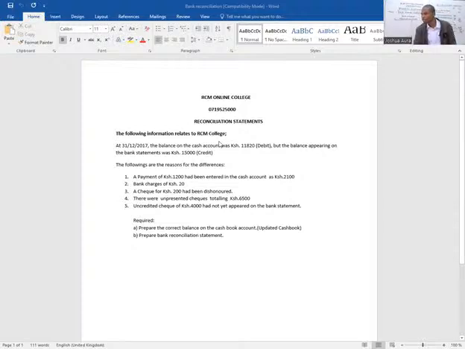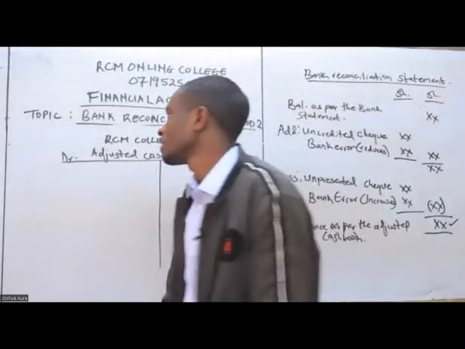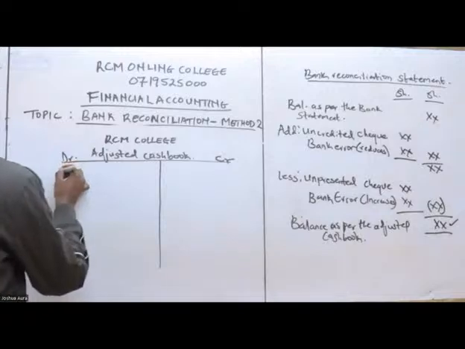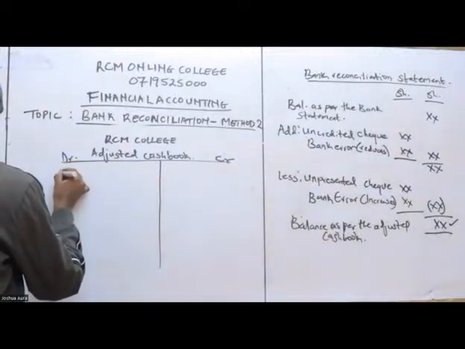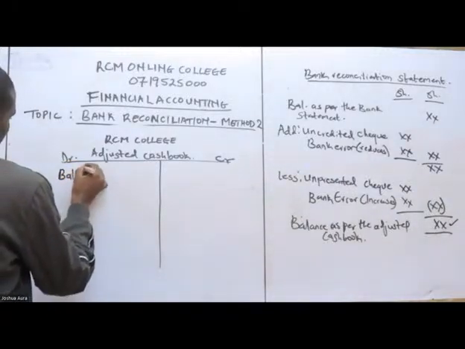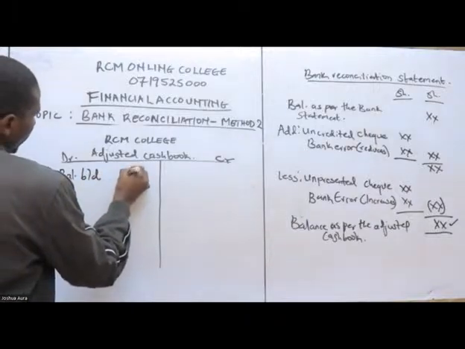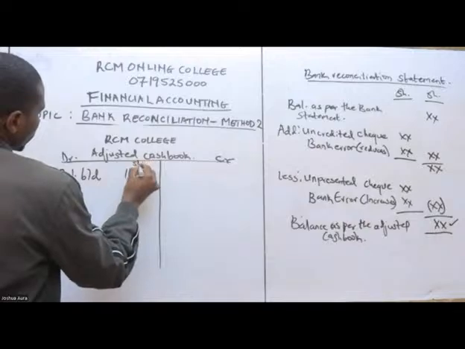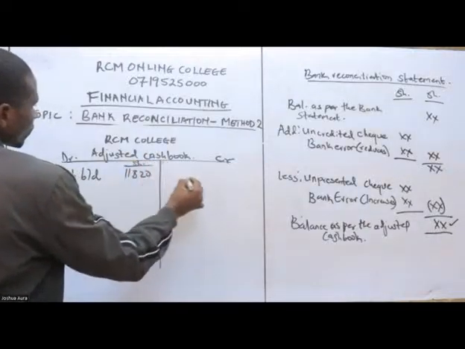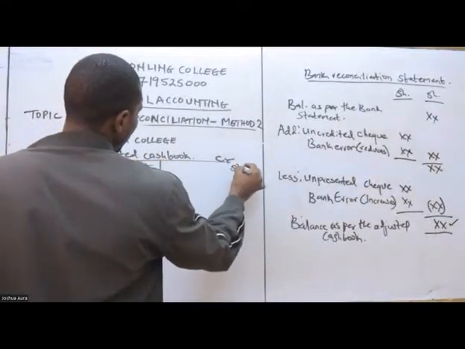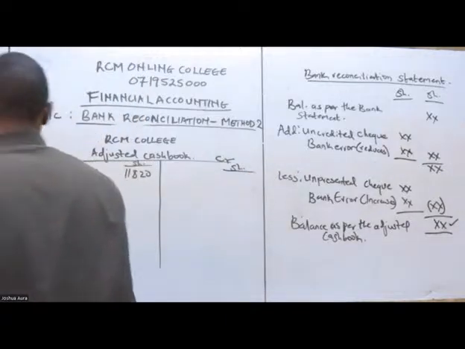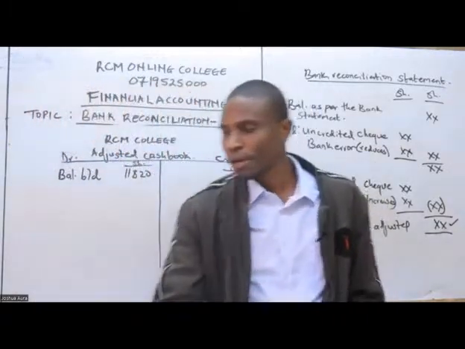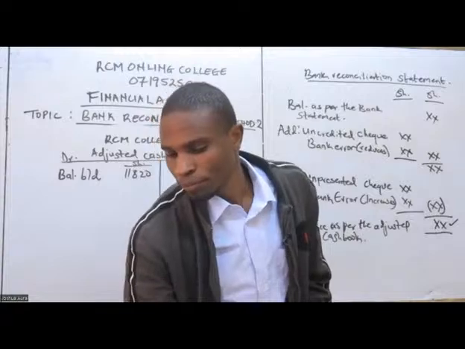The balance brought down is 11,820 shillings.